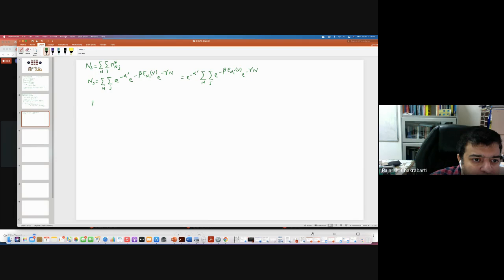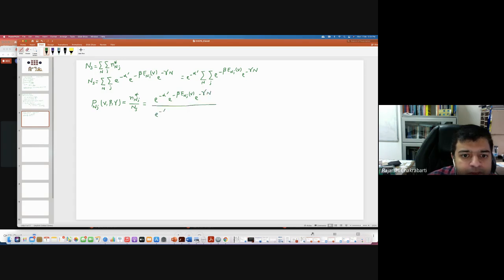Then what is p of nj, which is a function of V, beta, and gamma? As I told you, this has to be equal to this one divided by this. So this one, e to the power of minus alpha prime, divided by Ns.